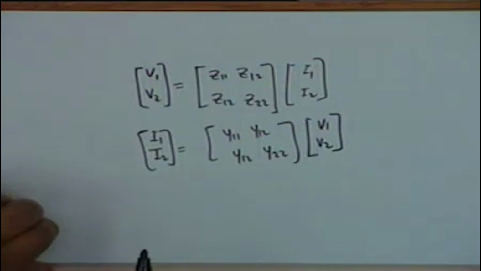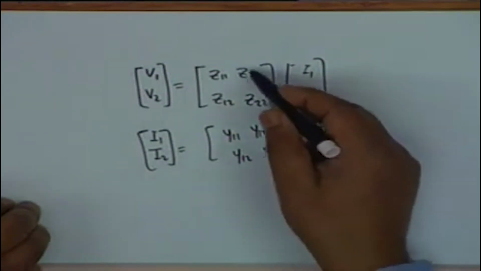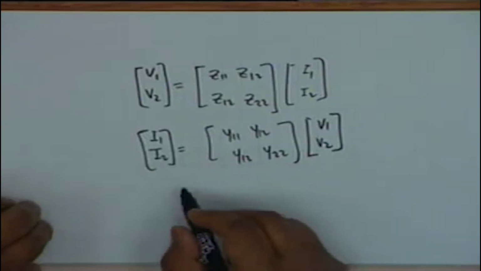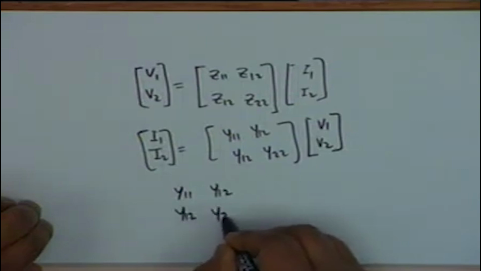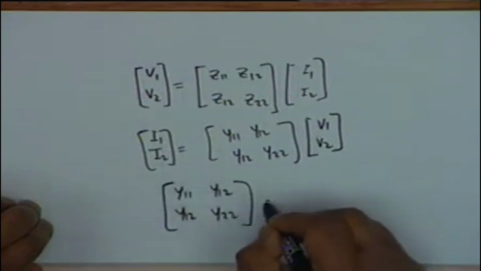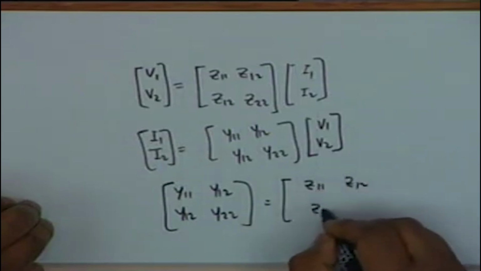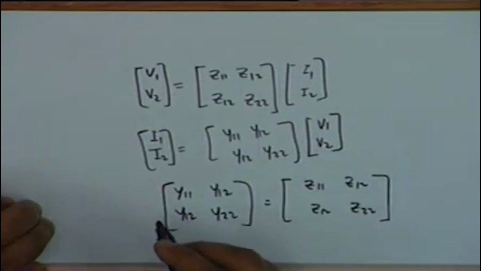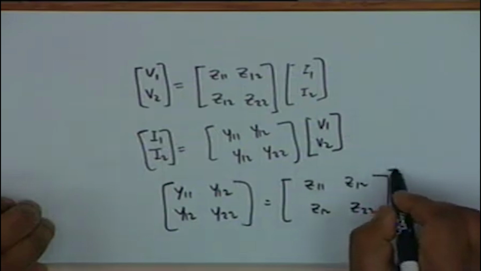And if you are acquainted with matrix operations, you notice that one coefficient matrix is simply the inverse of the other. For example, Y11, Y12, Y12, Y22 is simply the inverse of the other, provided the determinant of this matrix is not 0. That means this matrix is not singular.